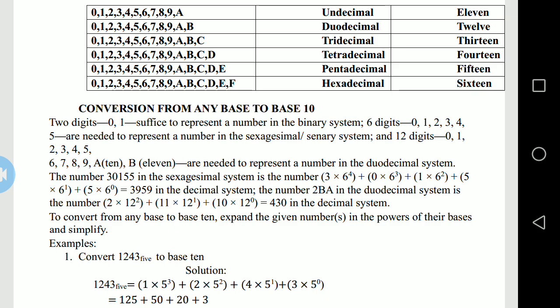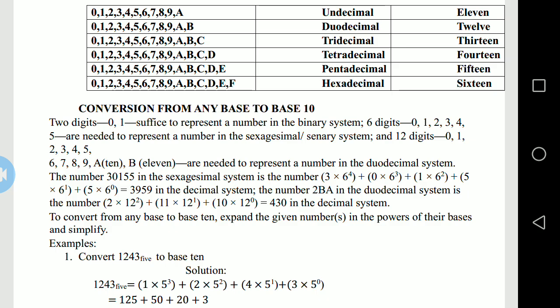And 12 digits, 0, 1, 2, 3, 4, 5, 6, 7, 8, 9, A, which is base 10, and B, which is base 11, are needed to represent a number in the duodecimal system, which is base 12. Okay, let's carry on.